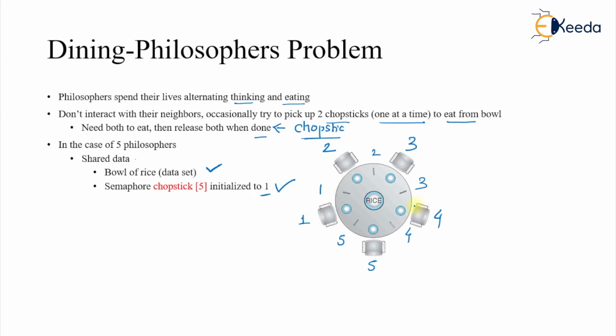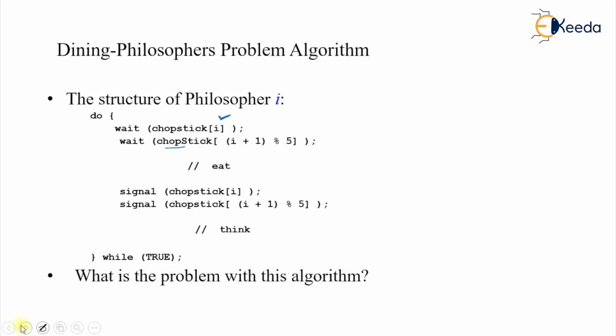Suppose philosopher 5 is there, so 5 will lock chopstick 5, and it will also lock the next one. So chopstick I for philosopher I, and then I plus 1 modulo 5.